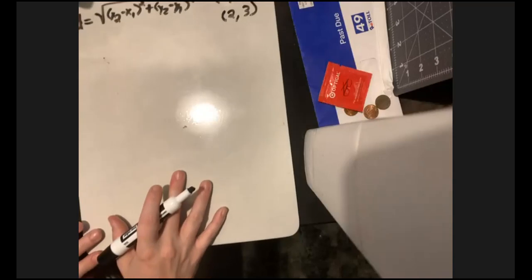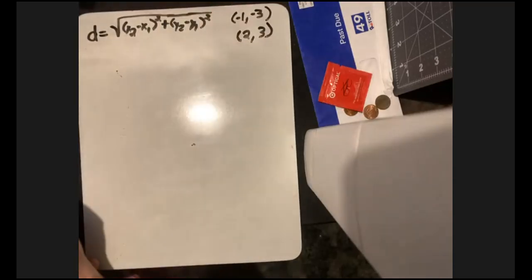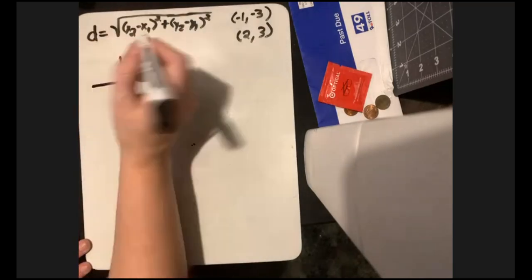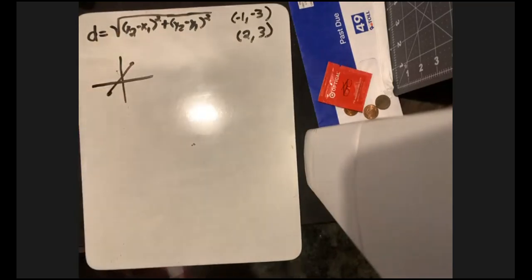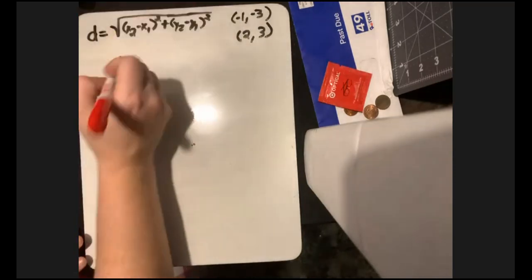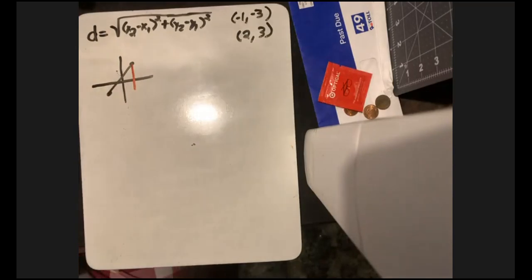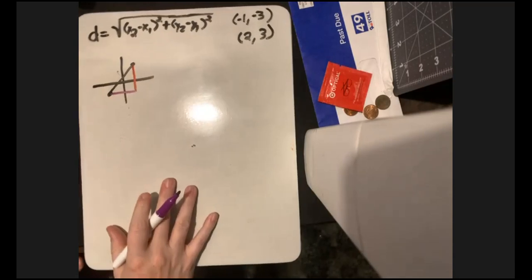Okay, now let me explain where the distance formula came from before we get on to our specific example. They had a point and they had a point and they wanted to hash out what the distance between the 2 points was. So what they actually did is they created a triangle.